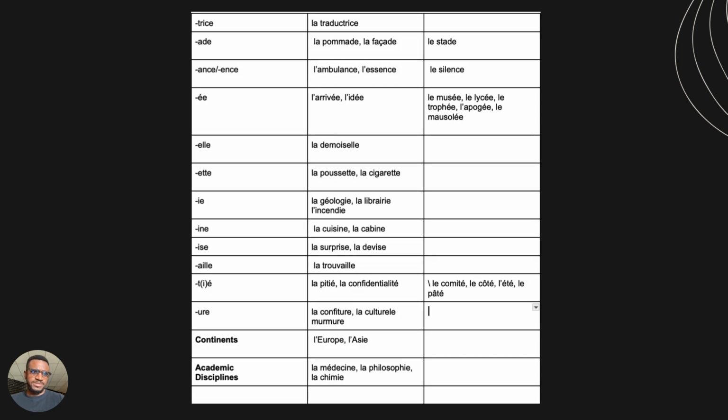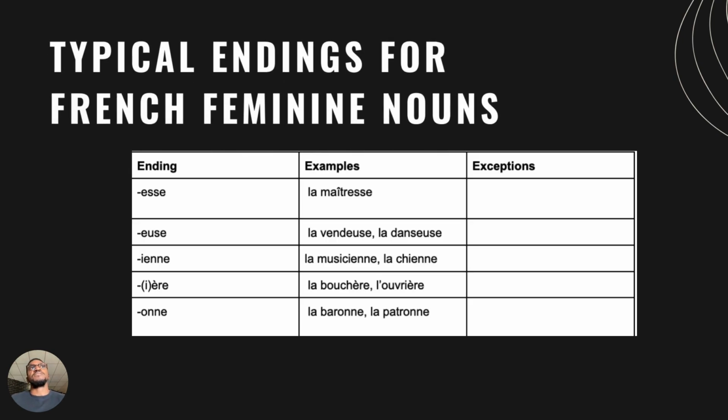The same: actrice, danse, most of them actually end in an E. So that's one thing that I find useful. If you're not able to memorize all of them, it's just knowing that most, not all of them, most nouns that end in an E are feminine. And that will help you. You get away with it a lot of the times.